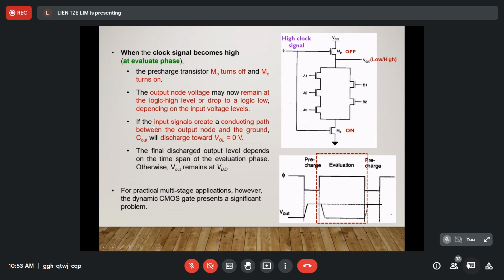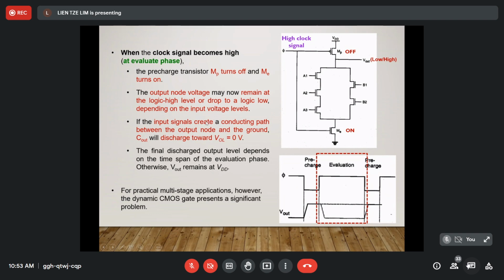If the input signal creates a conducting path between the output node and the ground, C out will discharge towards VOL equals 0. This is 0 volt. The final discharge output level depends on the time span of the evaluation phase. Otherwise, V out remains at VDD.